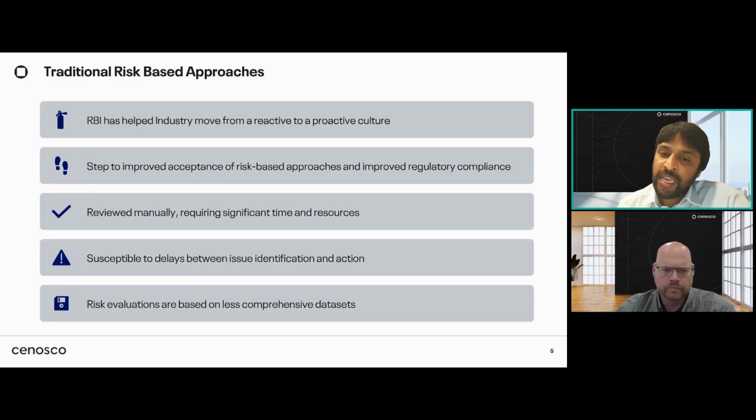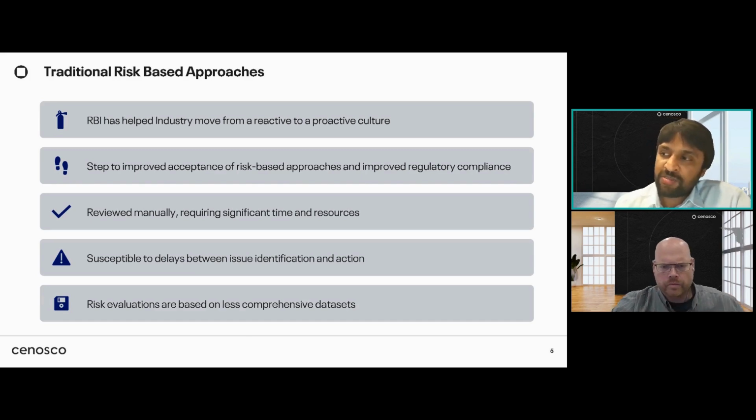And one key aspect as well is that in most cases, risk assessments and evaluations are based on confined data sets, right? So how are risk assessments being executed on the back of inspections? How are inspections being executed? It's usually performed by inspection contractors, inspection engineers, delivering a specific inspection scope or an activity, and they typically record inspection results and inspection findings.